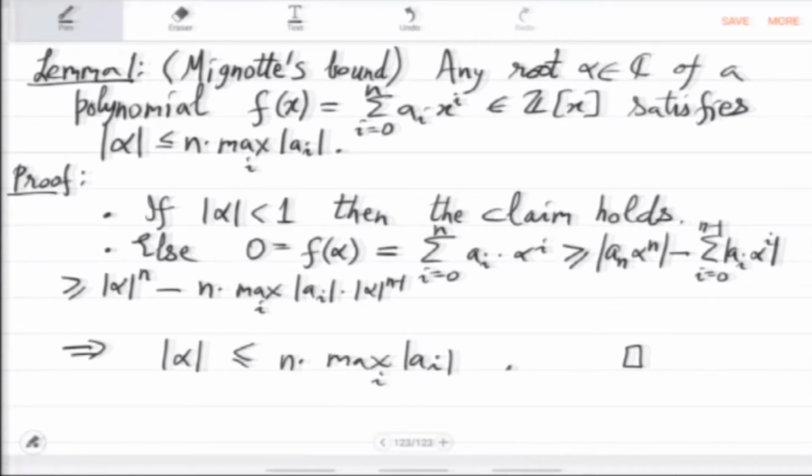Okay. So this means that the roots are small. Now from this you can talk about the factors. Factors will be small too. So that is lemma 2.